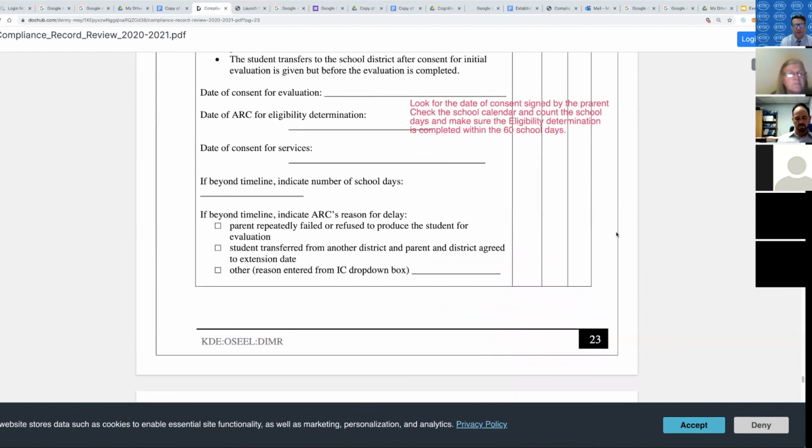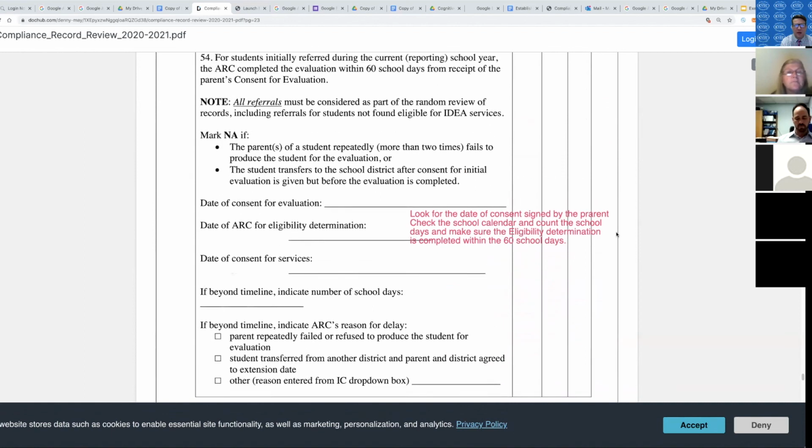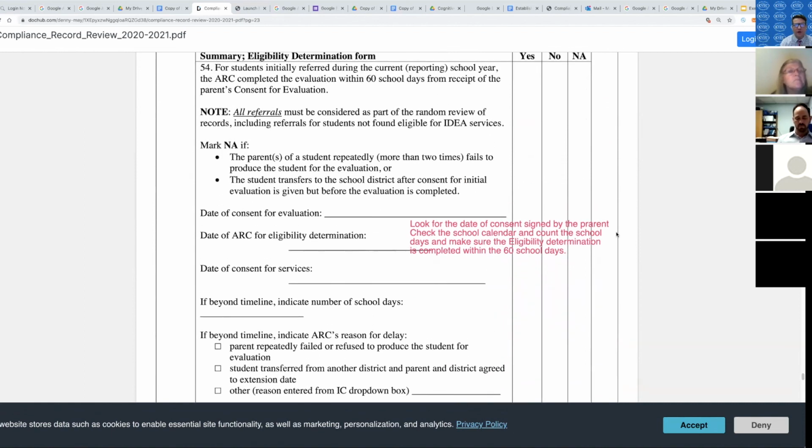Okay. So we're looking here then on 54 for students initially referred during the current reporting school year. The ARC completed the evaluation within 60 school days from the receipt. That's for initials. That's 60 school days. We would have to have a calendar, and we would have to see the days that you were in session, and we would have to know all that information, date of consent, and then we'd compare that.